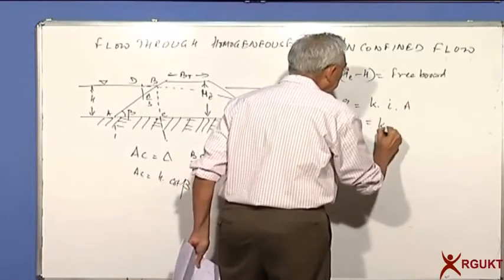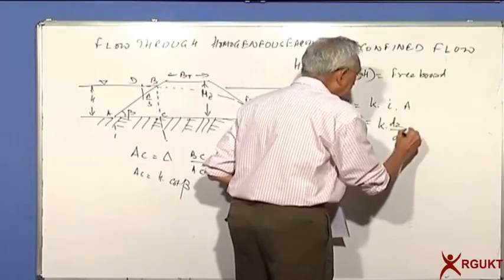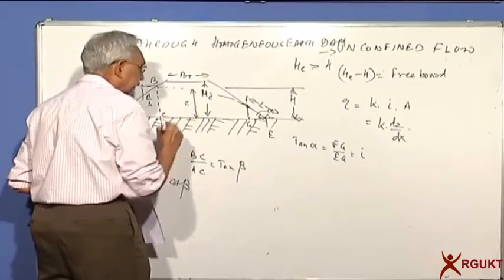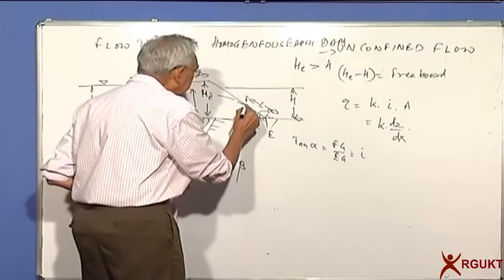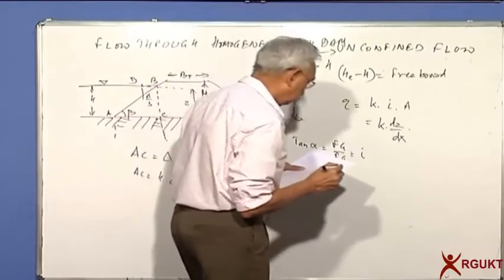I is nothing but dz by dx, and at any point here the height is z, and in this case this is L, so this will be L sin alpha.